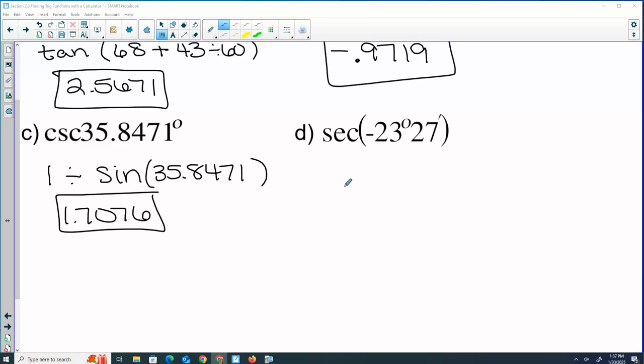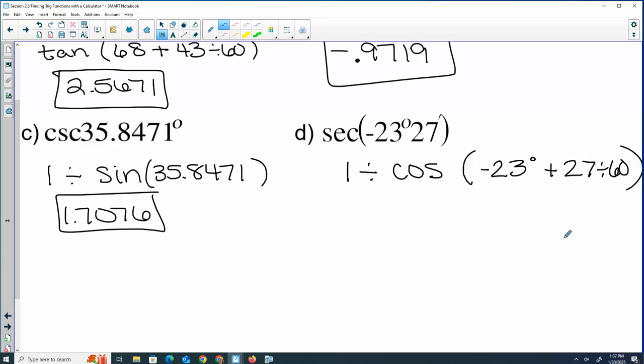Okay, secant. How would I type in secant? Divided by cosine. Now this one we have to be careful. My angle is negative 23 degrees 27 minutes. But if I type it in like this, I'm actually going to get the wrong answer. I put the negative on my 23, but technically this entire angle is negative. So if you had degrees and minutes, you would have to do your negative degrees and negative minutes if you're typing it in.